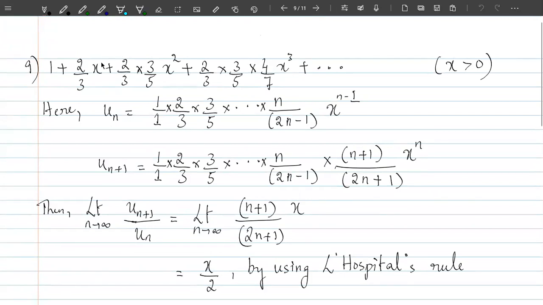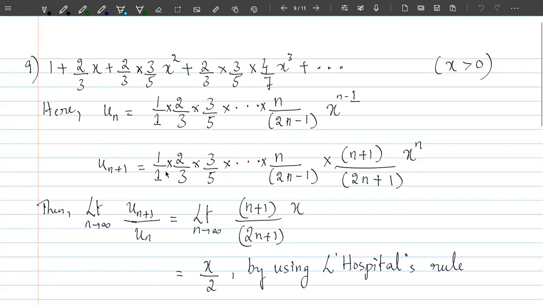Next one: 1 plus 2 by 3 into x plus 2 by 3 into 3 by 5 x square, and so on. Now here un will be 1 by 1 into 2 by 3 into 3 by 5 and so on up to n by 2n minus 1 into x power n minus 1.